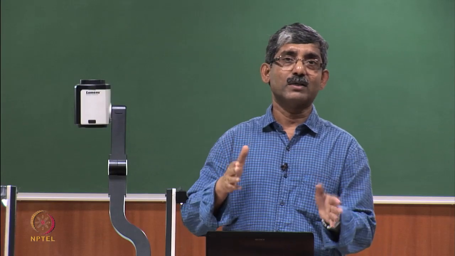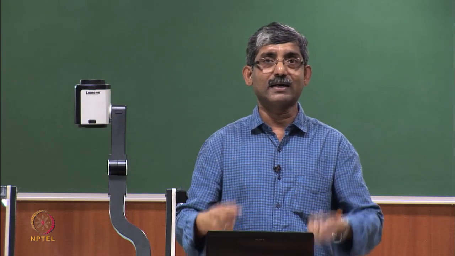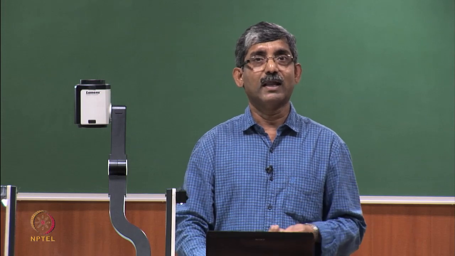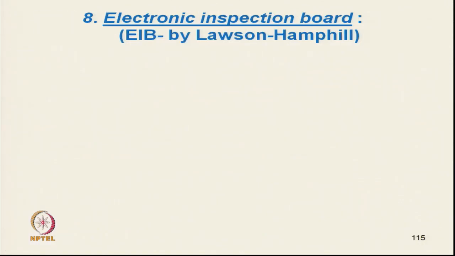We can always classify into more and more categories, because we have data once we are getting it from the capacitance type sensor. Another tester, called Keisokki Classifault, classifies 40 different categories. So, it is simply software; we can keep on adding levels of variability. The basic principle is the same.